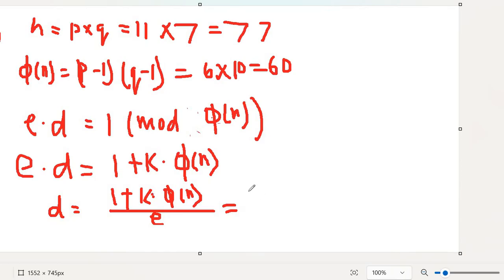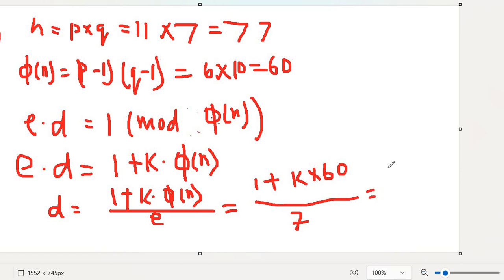So for k equal to 0, it means 1 plus k into 60, upon e which is 7. If we put k equal to 0, it means 0 plus 1 by 7.